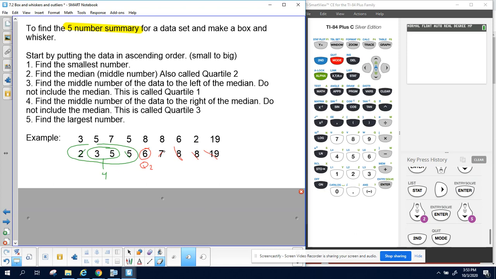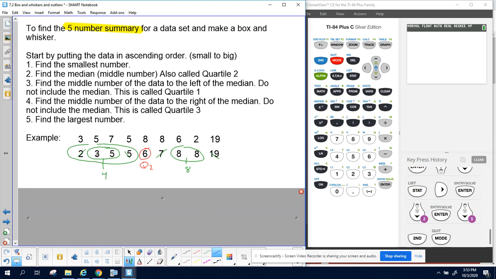Ignore the median number itself and take these numbers on the right-hand side and find what's in the middle of these. It happens to be 2 numbers again, and you average those. 8 plus 8 is 16. 16 divided by 2 is 8.